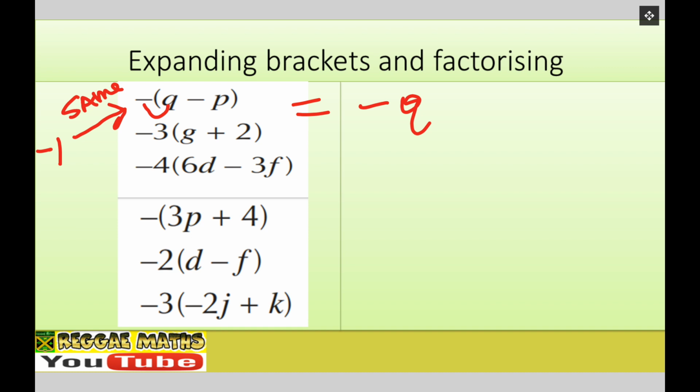Negative times a negative is equal to a positive, so that's positive p. Okay, you've got -3 times g is -3g. -3 times 2 is -6.